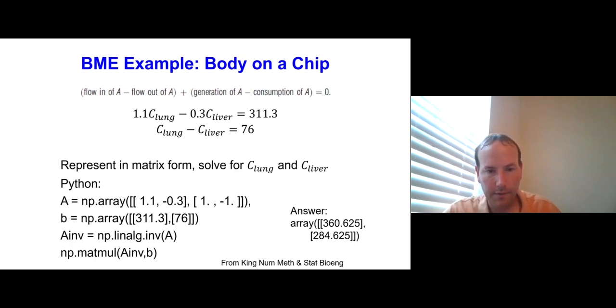Again, you'd be creating an array for A, an array for B, and then numpy's linalg.inv is the inverse command, and matrix multiply is what you want to use when you're doing matrix multiplication of the inverse of A times B, just like how we wrote it out. And when I put those commands in Python, you get the following answer: this is the concentration in the lung and this is the concentration in the liver.